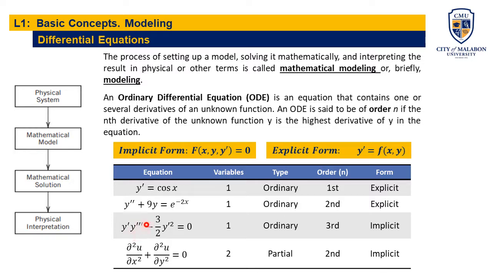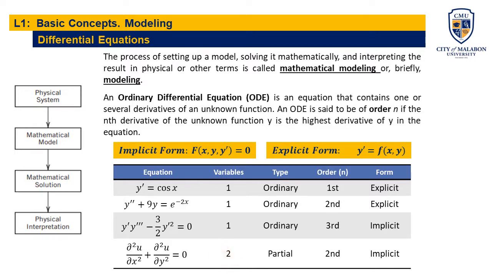And lastly, we have the second partial derivative of u with respect to x plus the second partial derivative of u with respect to y is equal to 0. So in this case, we have two variables.